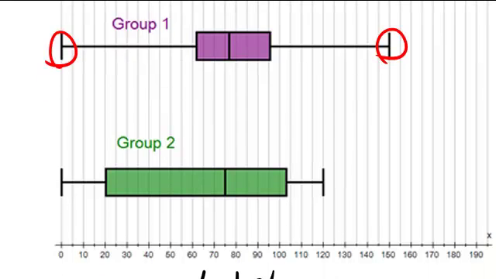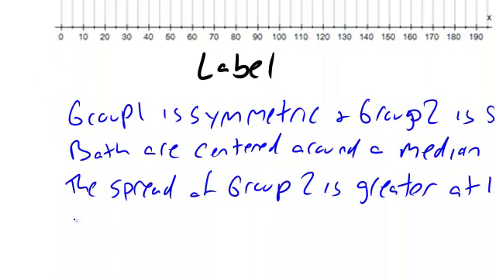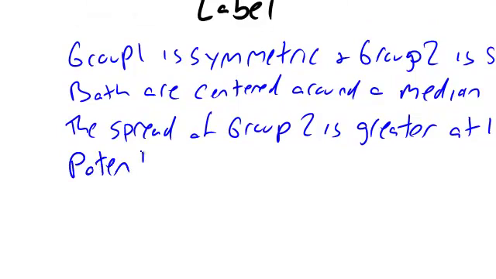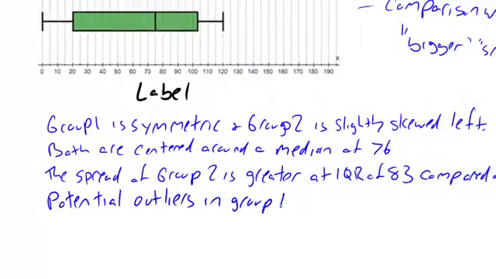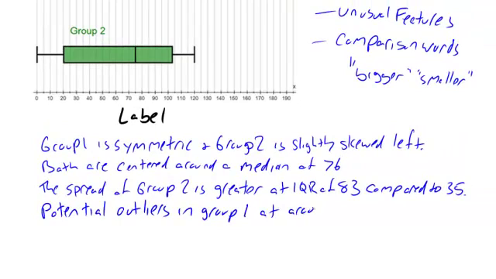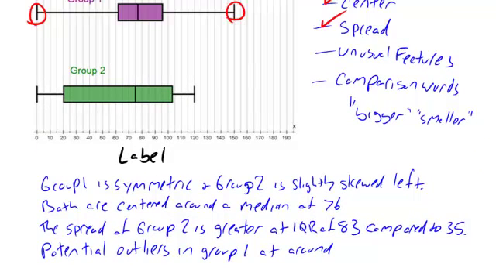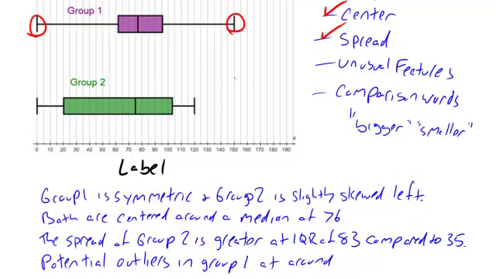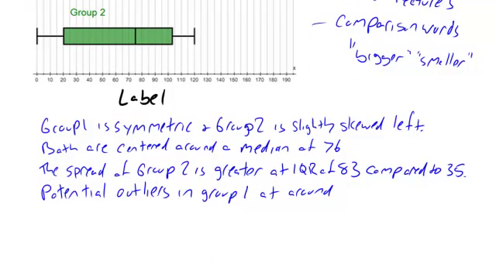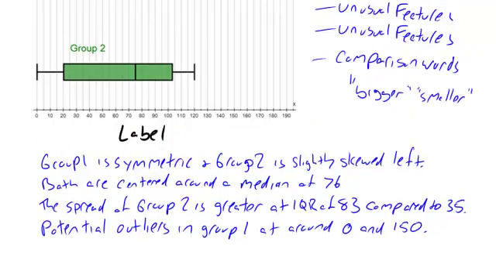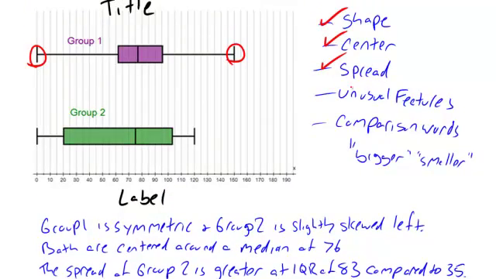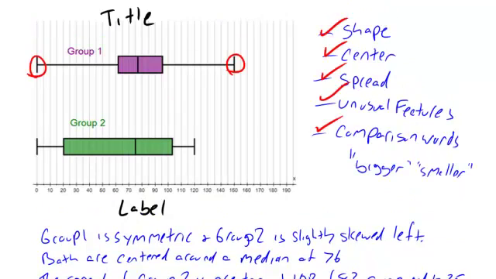I'm going to say potential outliers in group 1 at around, what do we have? 0 and 150. I am good to go.